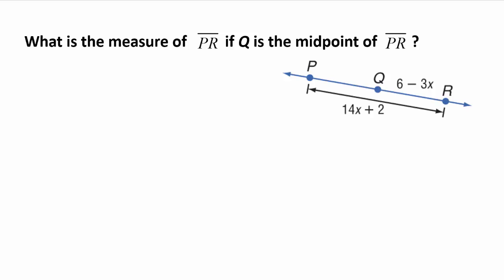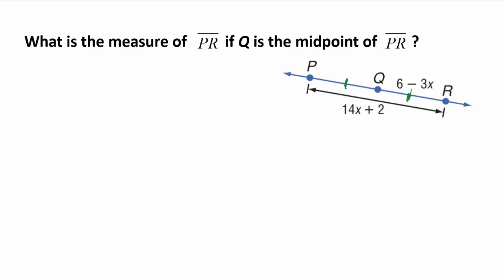The last problem asks us, what is the measure of line segment PR if Q is the midpoint of line segment PR? So if you remember from the definition of a midpoint, if Q is the midpoint, that means that PQ is congruent to QR.